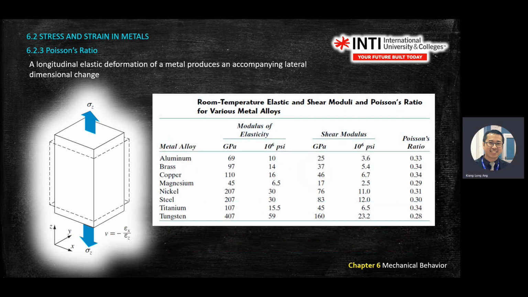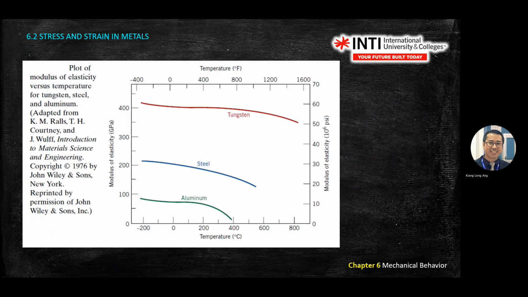Same, another table also. So you have modulus of elasticity, shear modulus, Poisson ratio. And this is in graph form. This is modulus of elasticity on the Y axis against temperature, with modulus of elasticity on the Y axis on the other side too. What is the difference between the left hand side and the right hand side?